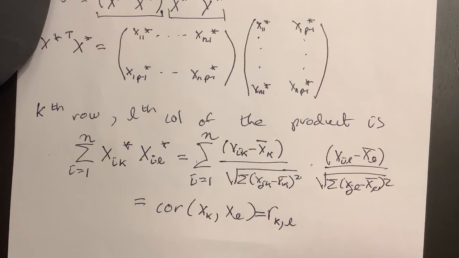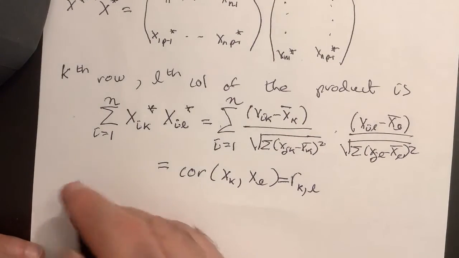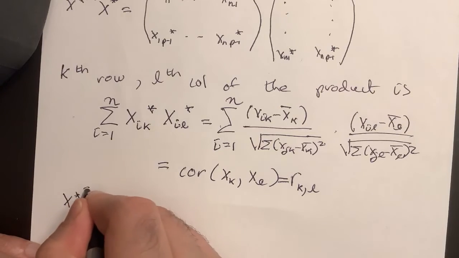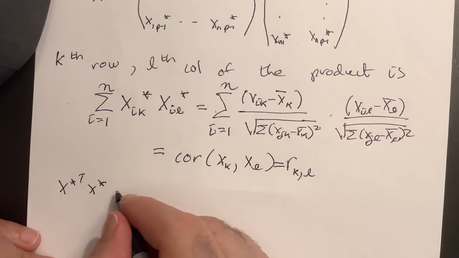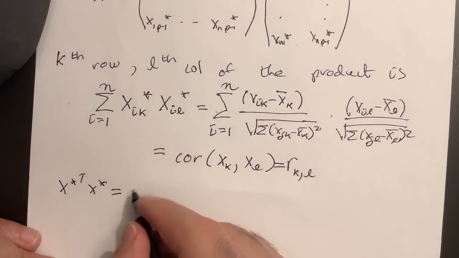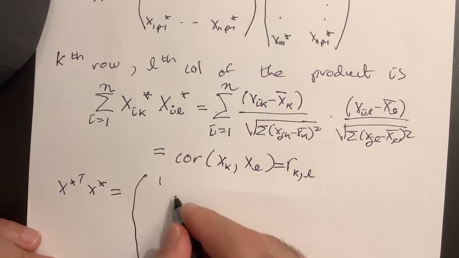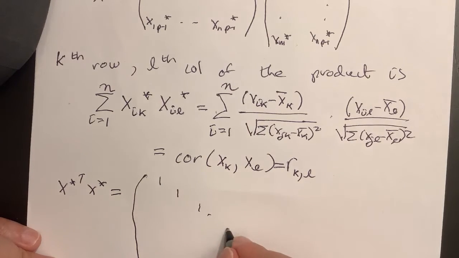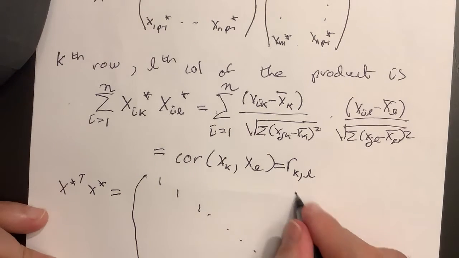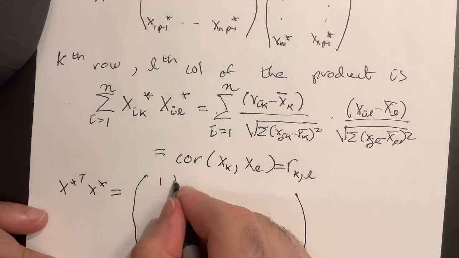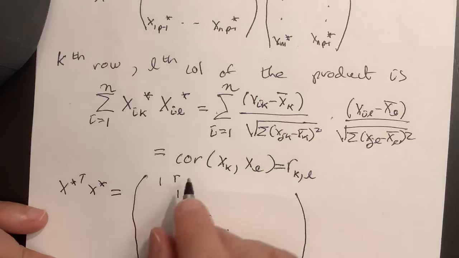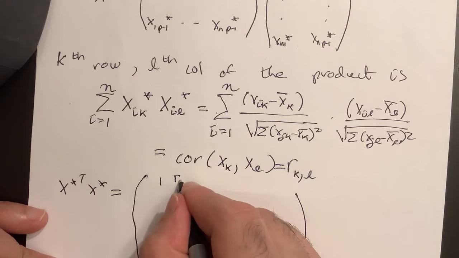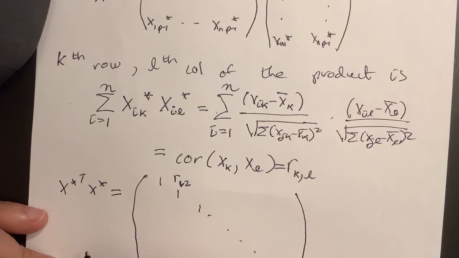Okay, so if I do this for every element, then the X star transpose X star matrix, which is p-1 by p-1, should be equal to this. It's going to have 1s on the diagonals because those correlations are 1, as you can check. And the off diagonals are the correlations between whatever the row and column is of the predictor columns.